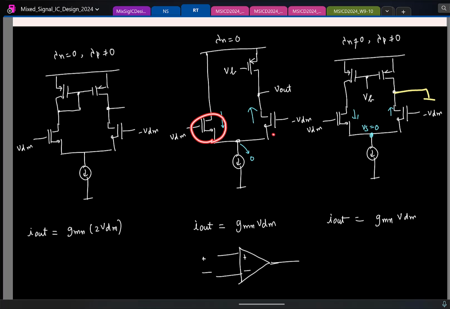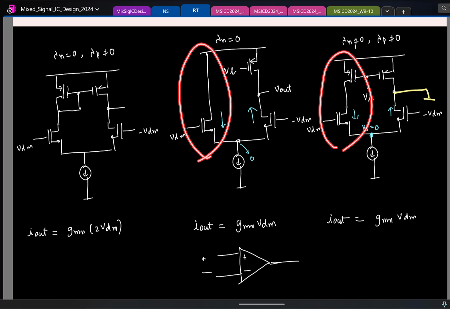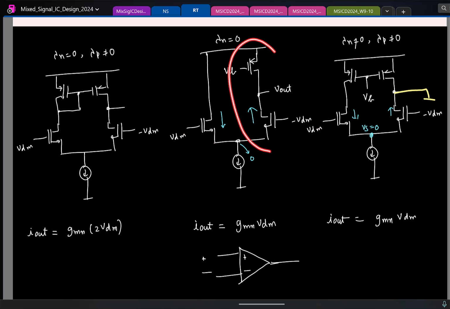The currents in both the transistors are dependent on the differential voltage that you apply. But in these 2 cases, you are completely discarding the current in this branch and only utilizing the current in this branch. It is there, but you are not using the current from the transistor. So you are not utilizing its full potential.